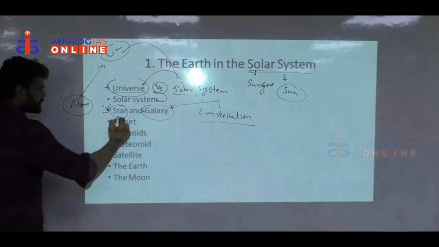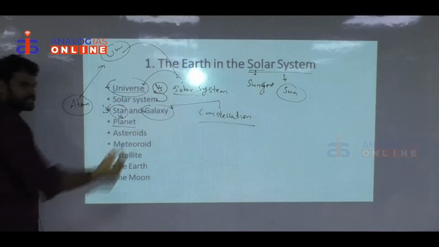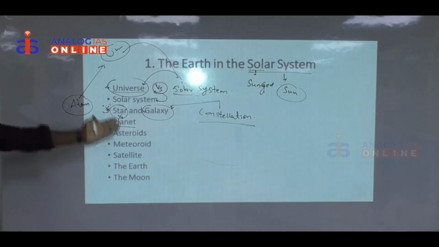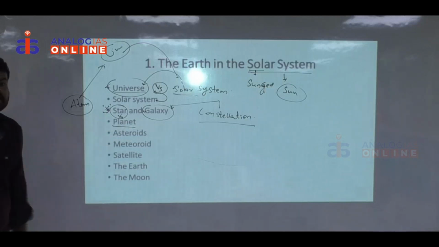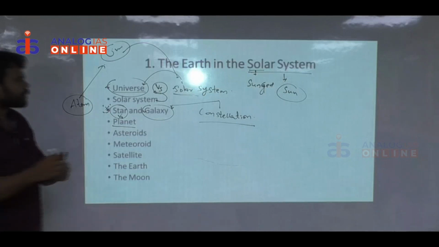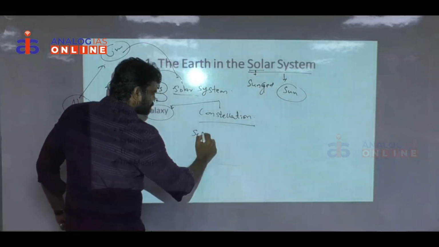Now, differentiate star and planet. What is the difference between the star and planet? Sun represents the star, Earth represents the planet. You have the concept called self-illumination.